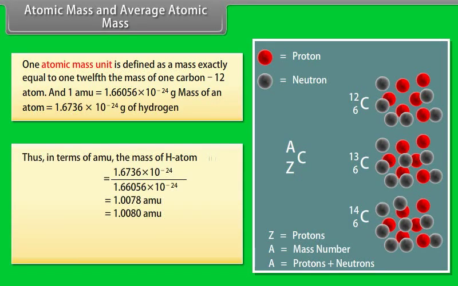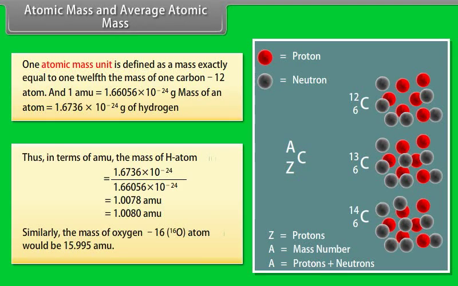Thus, in terms of AMU, the mass of each hydrogen atom is equal to 1.6736 × 10^-24 upon 1.66056 × 10^-24, which is equal to 1.0078 AMU, which equals 1.0080 AMU.